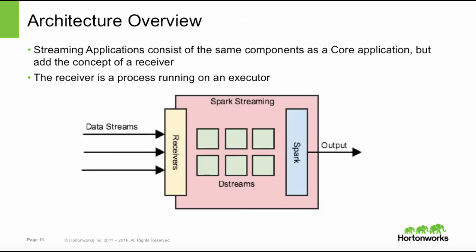So what's really different here? Well, if you take this yellow bar called the receiver out of this pink environment, what we really have is a running application. If you build an application that can read a file and load it into an RDD and then do some processing on it and make an answer, then you've built 90% of a Spark Streaming application, because what you're going to do is configure up a receiver to some kind of data stream, a message queue, a socket, a file, something to pull that in, and then configure those micro batches.